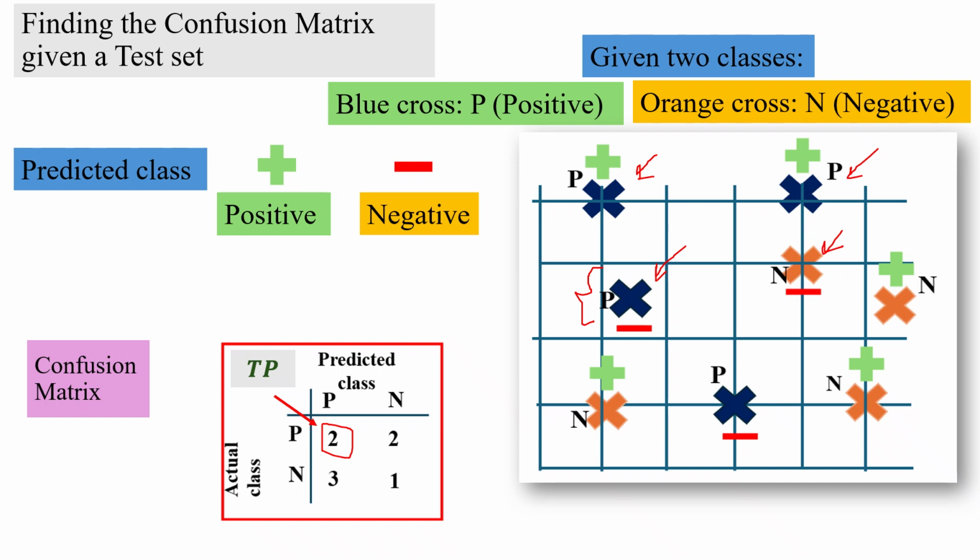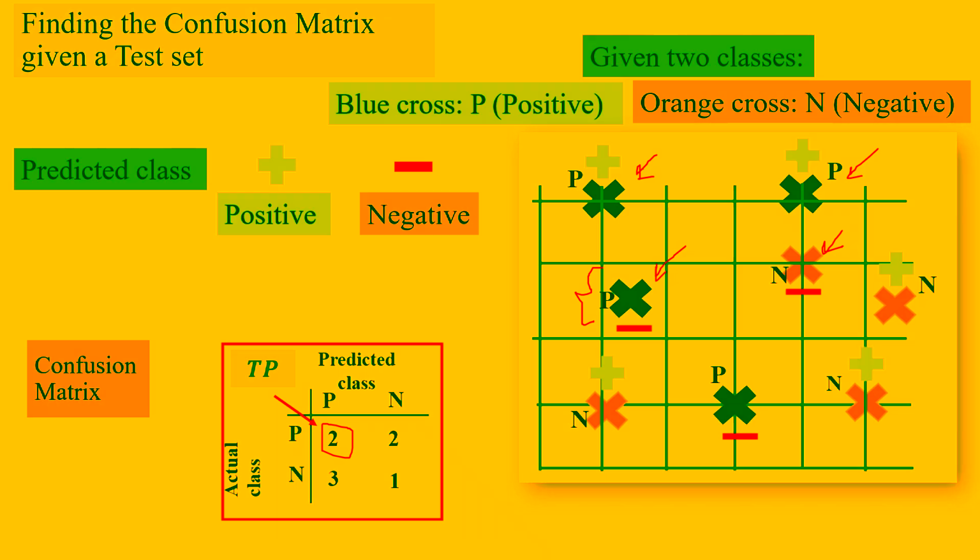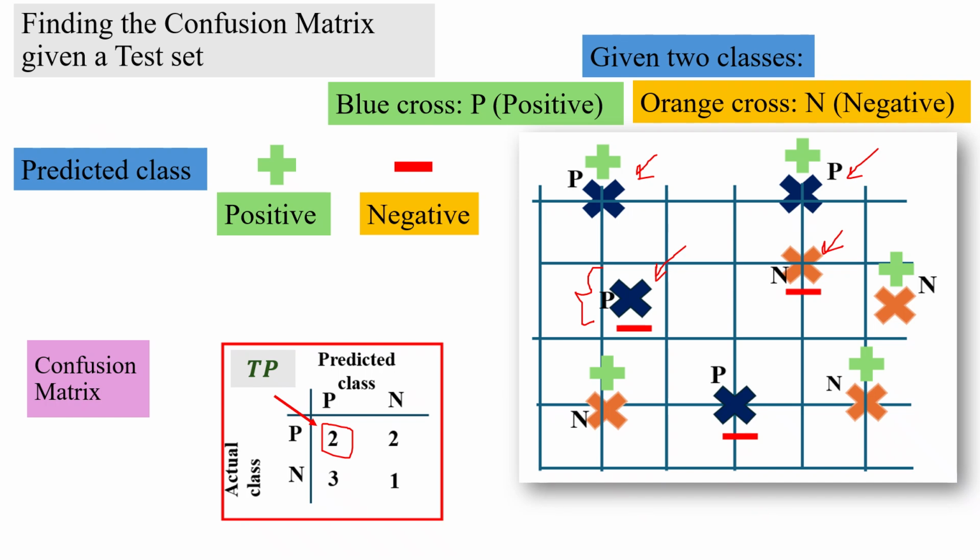Okay, true positive. 2 data points fall into this, which were actual positive and identified as positive. Okay, now what about this? Actual P identified as N, actual P here and here. So these two are the false negatives. Okay, falsely identified as negative.